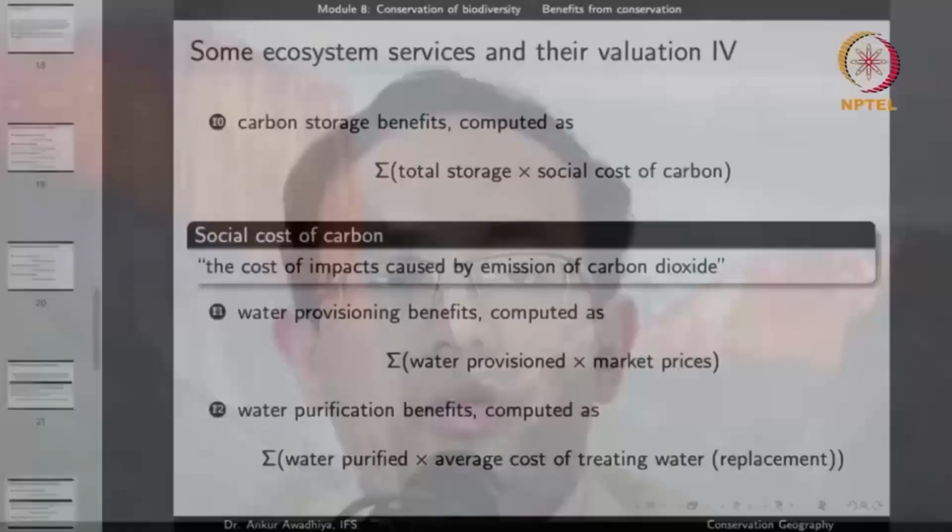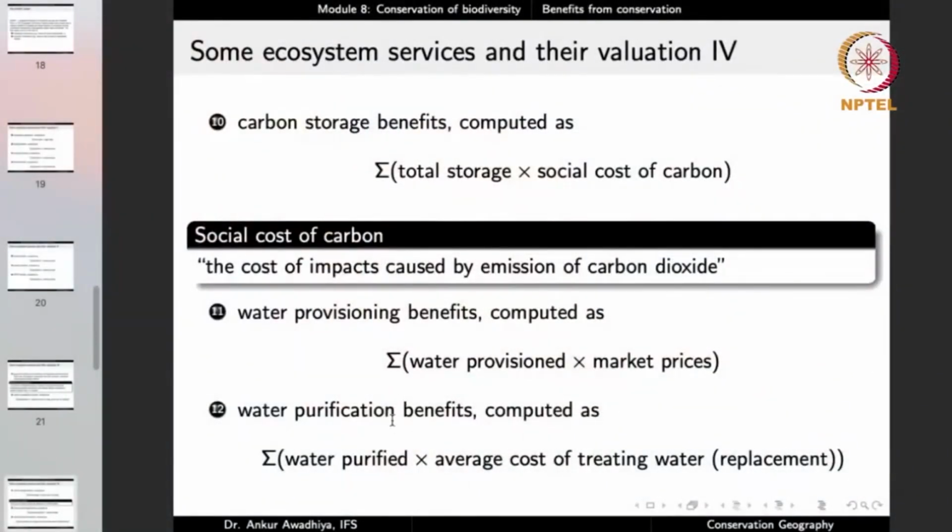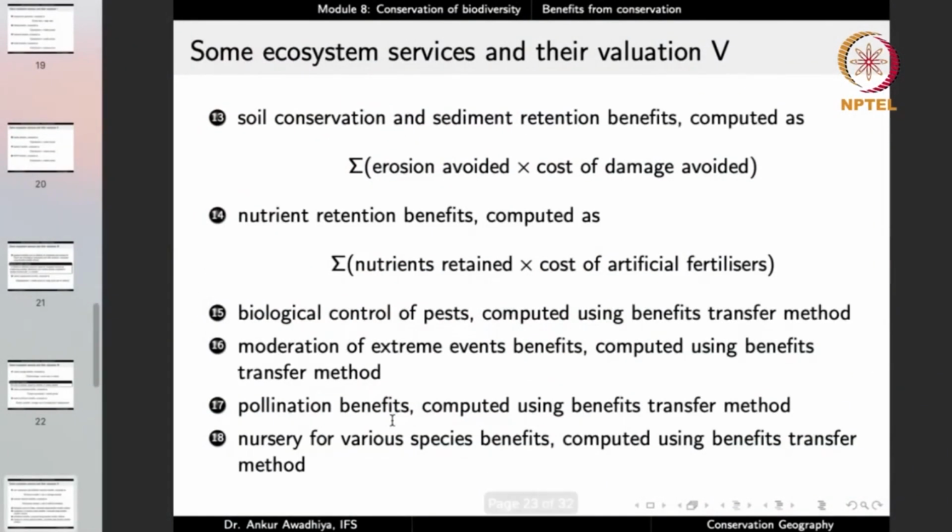What is the cost of setting up that facility, and the cost of running and maintaining it, is the amount of benefit that this particular forest or wetland is providing to us. So we can multiply that cost with the amount of water that is being provisioned, and we can get the water purification benefits.